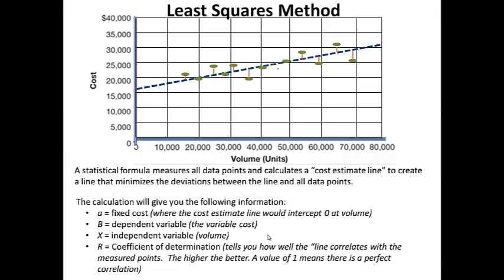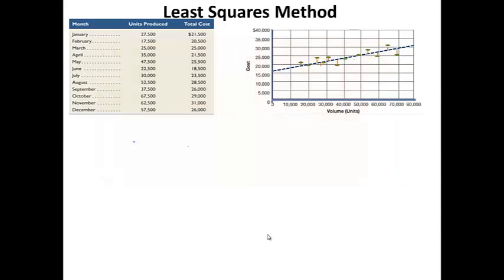Okay, now let's take a look at the next slide. This is an example of the least squares calculation method in action. I'm not going to put data into the spreadsheet or anything else. We're just going to show you information that would have been derived from the spreadsheet.